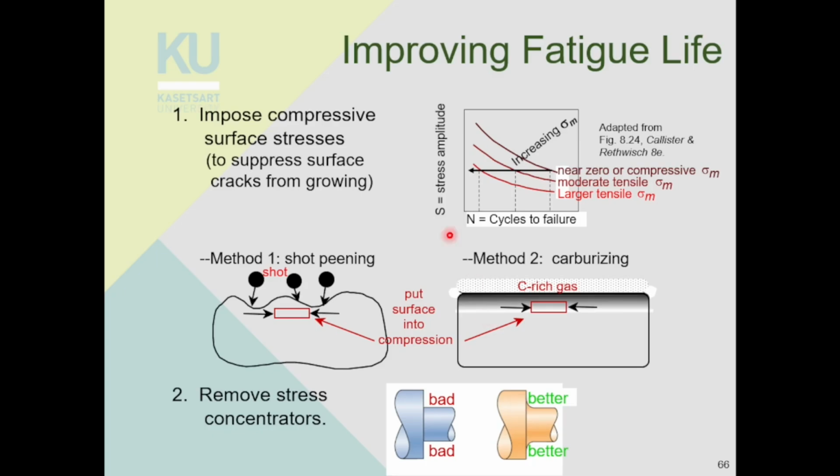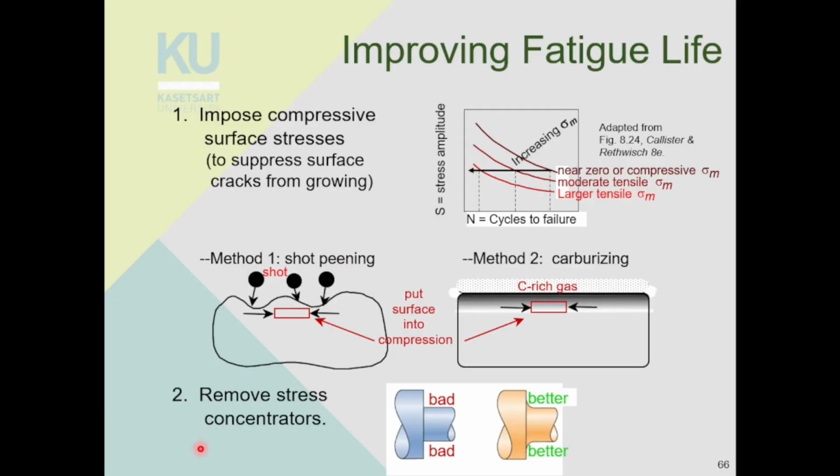Okay, and you can improve fatigue life by imposing compressive stress on the surface, like shot peening or carburizing. So basically, if you increase the compressive stress on the surface, you will shift the SN curve from the bottom one, to the middle one, to the top one.